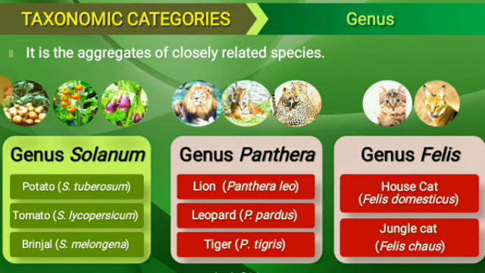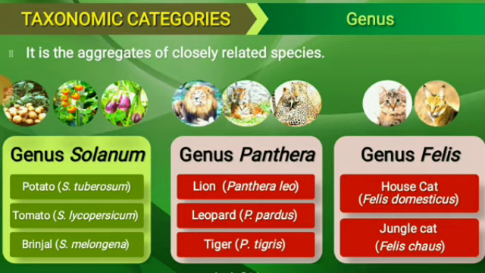It consists of potato, tomato, and brinjal. They belong to different species, but because of the presence of similar characters, they are placed in the same genus, that is Solanum.